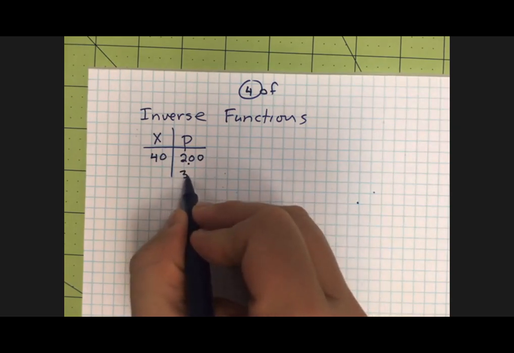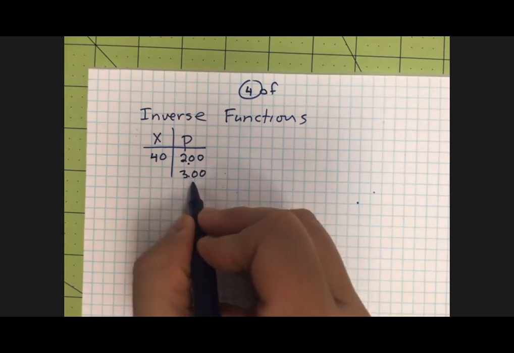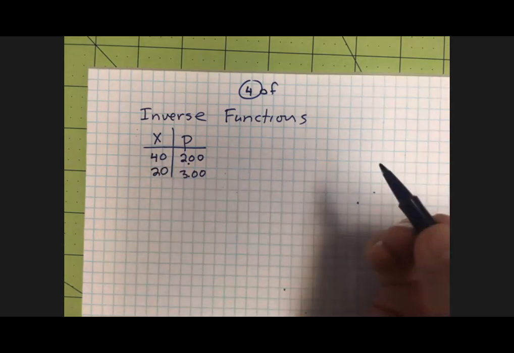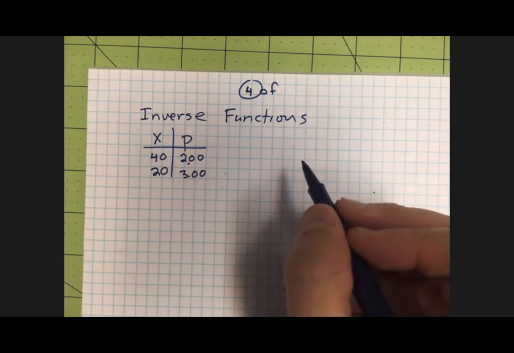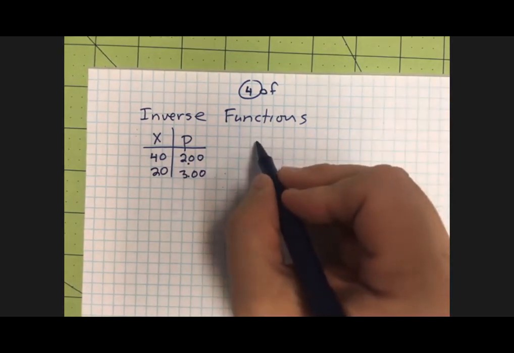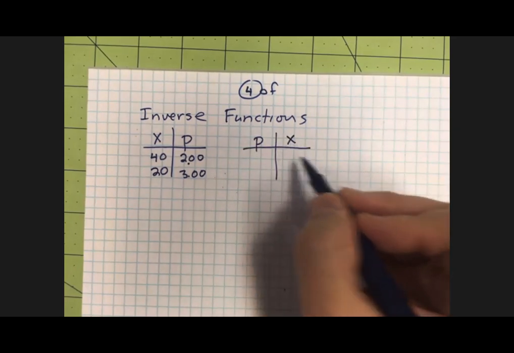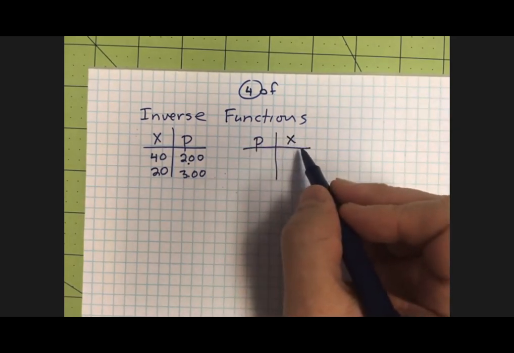And if I charge $3, 300 pennies, I will only sell 20 books. And in the picture I created, I also said to you, we could look at it from the other way around.